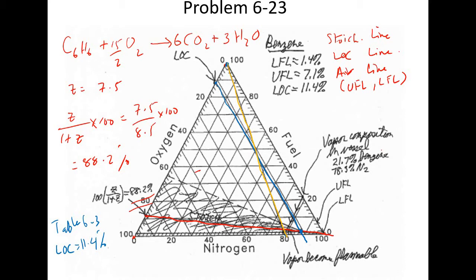Now I have three lines here, and remember that on these lines I need to identify the UFL and the LFL. My LFL is 1.4% and my UFL is 7.1%.